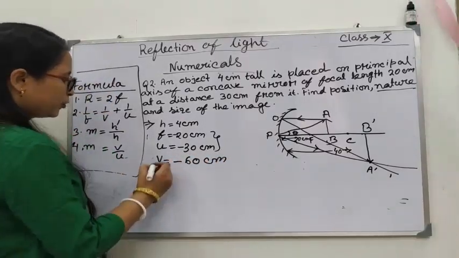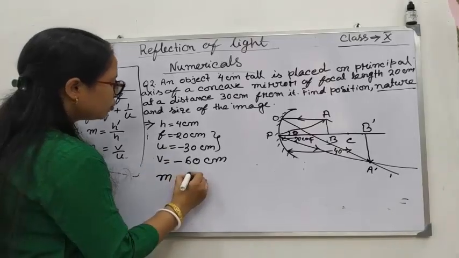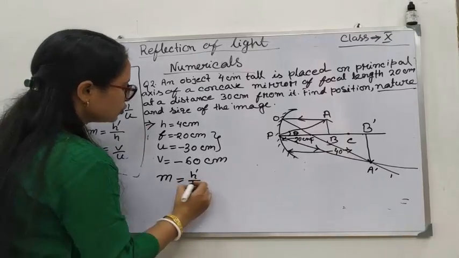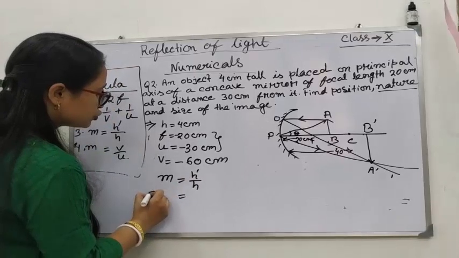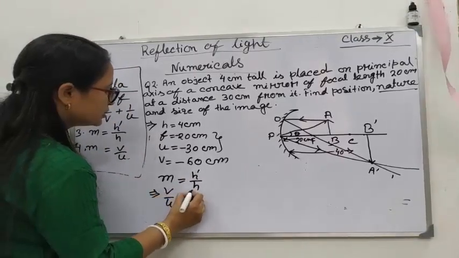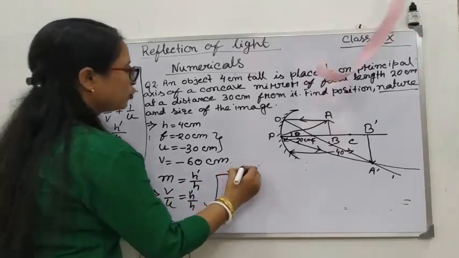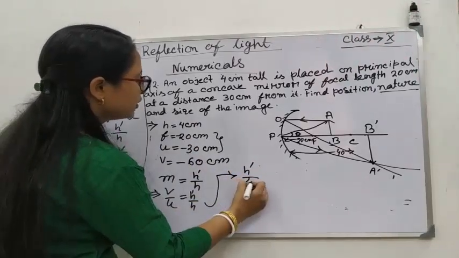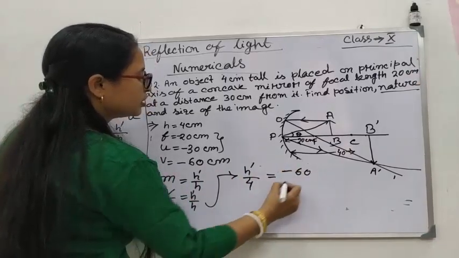So from the magnification formula we can write m is equal to h dash by h. It is also equal to v by u. So v by u is equal to h dash by h. Now put all these values. h dash you have to find. h is given 4 centimeter. v we have found 60 centimeter.